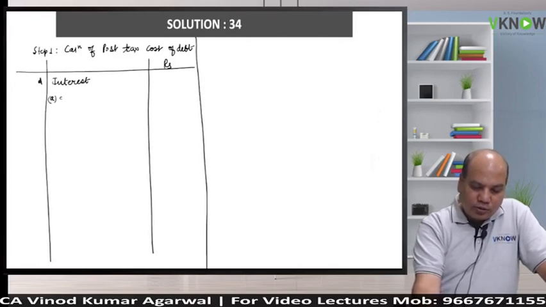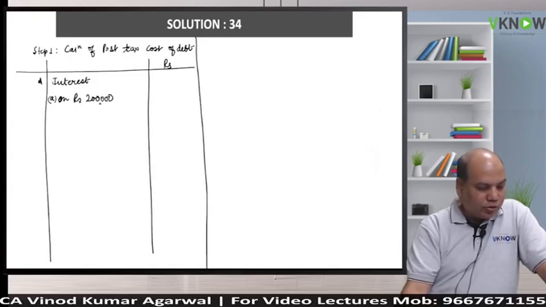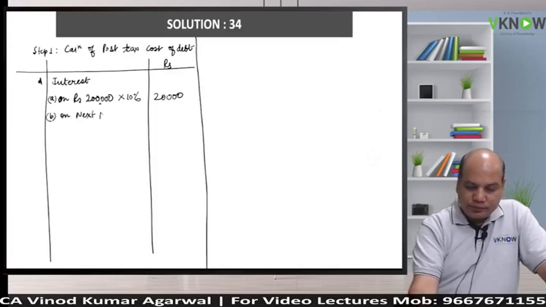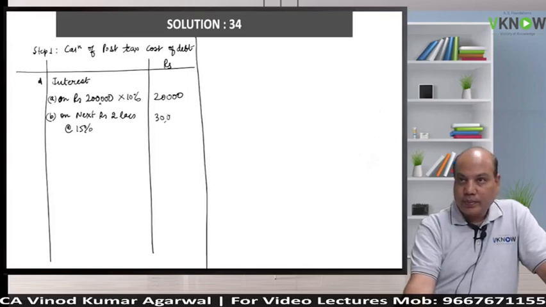On rupees 2 lakh, the first 2 lakh is raised at 10%, so they will have to pay 20,000. On the next 2 lakh at 15%, that will be 30,000.